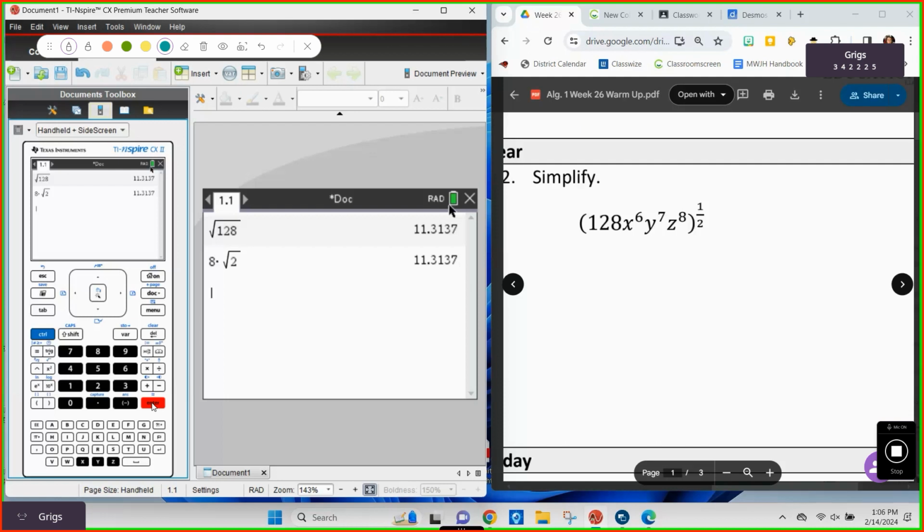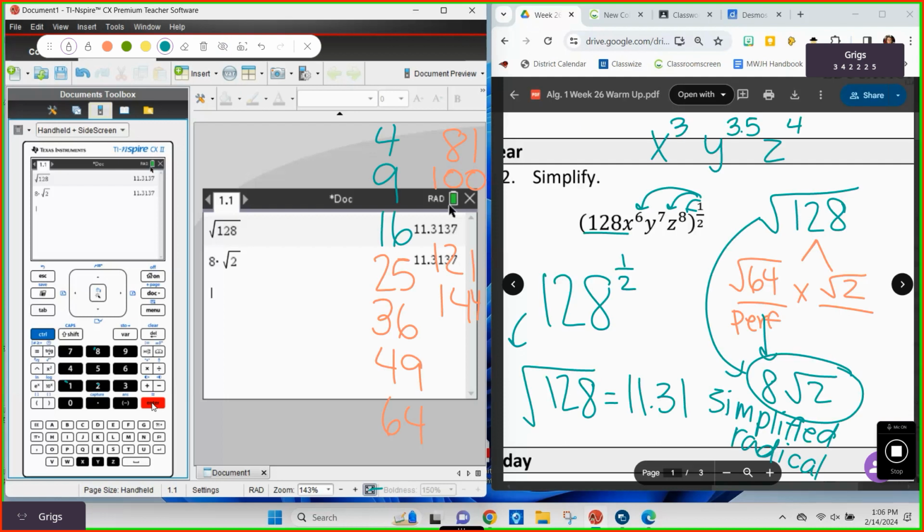So my answer to that is I'm going to write the 8 and the square root of 2. Now we said x to the 1/2 was the square root of x, right? And y to the 1/2 is the same as the square root of y, right?